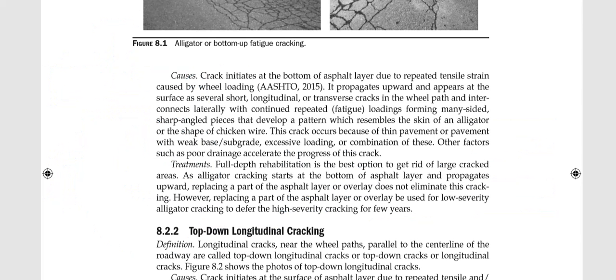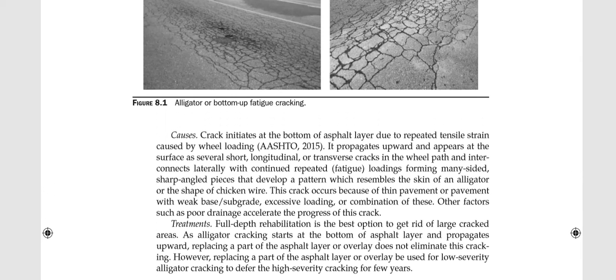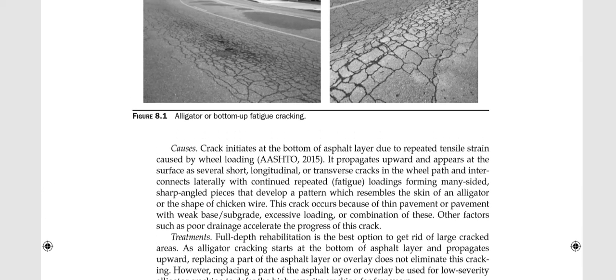Now, what is the remedy for the crack? As this crack occurs at the bottom of the asphalt layer, if you just put something on top of the asphalt, it will not help. So you need to do full depth rehabilitation. What is that? Take the entire asphalt surface off and then put new material.